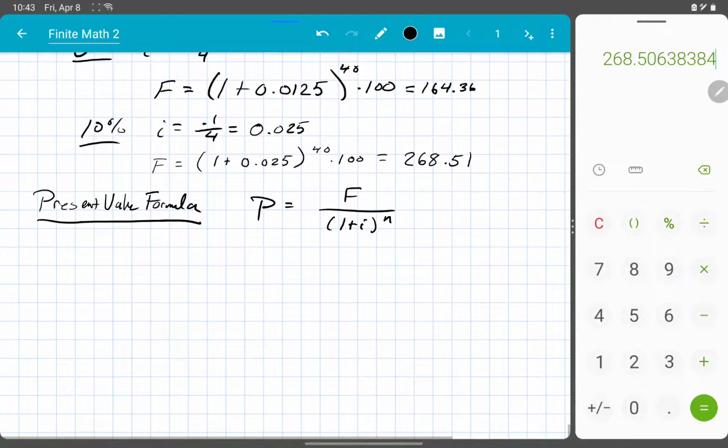Okay, now we want to talk about one more concept for today. Well, actually, at least one more concept today. I want to talk about the effective rate of interest.